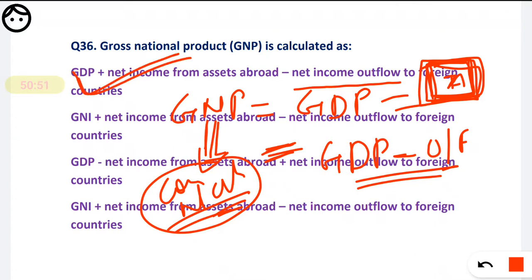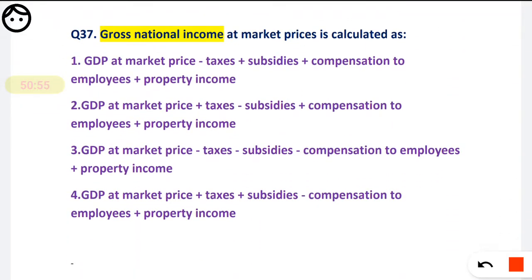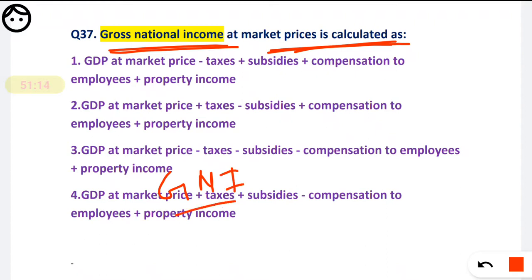Okay, now question number 37: the gross national income at market price is calculated as. So friends, I have already told you about gross national income, GNI, we have to find. It is nothing but the GDP, right? And we have to take into count only the nationality.